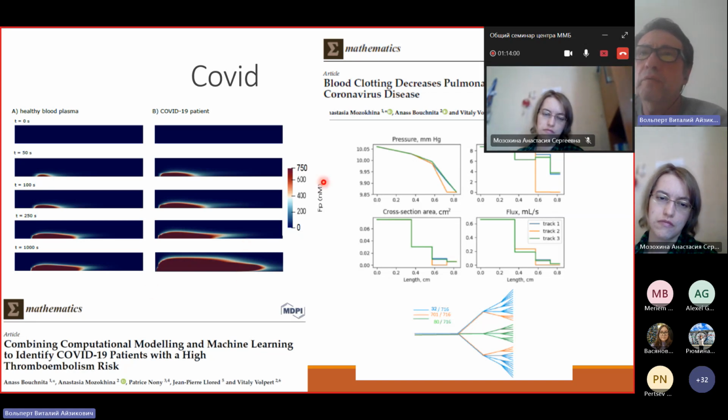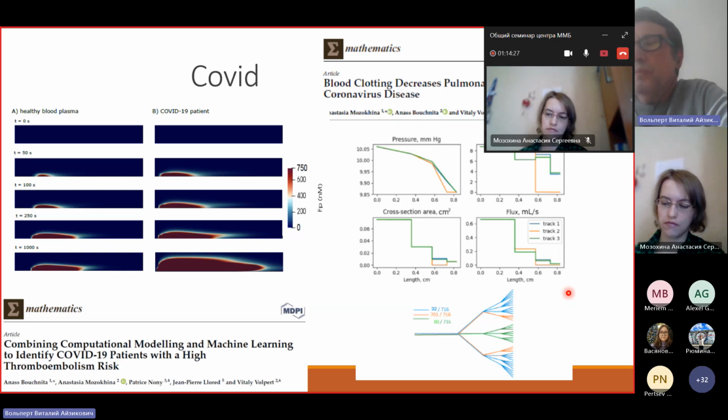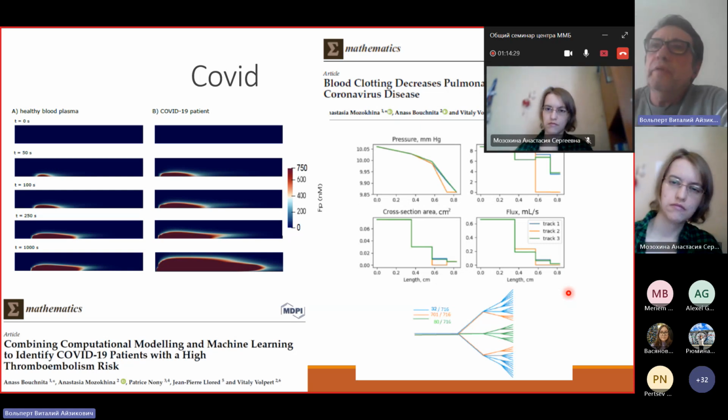I think we have maybe 2 or 3 works where we see, for example, here, thrombus formation, this red one, in healthy plasma. This is for COVID-19 plasma. So we see how the thrombus becomes larger, and we also studied this thrombus formation in small blood vessels in the lungs. This was an important risk factor during COVID-19 disease.